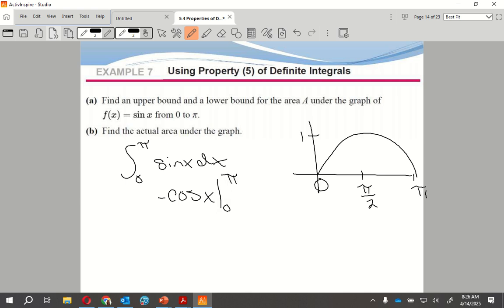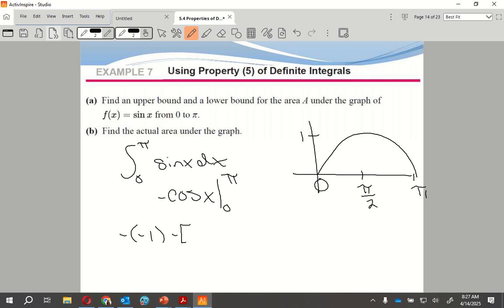All right, so let's evaluate. The upper bound is going to be pi. What is cosine at pi? -1, very good. So I have a negative on the outside, and it's -1. Minus the lower bound. What is cosine at 0? 1.